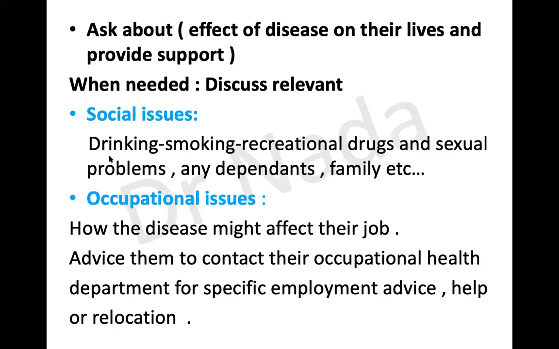It's not about taking a social history, rather asking about social aspects and giving advice in order to control them. If they are having problems with drinking, then help, smoking as well. Recreational drugs are important in a patient who was diagnosed with epilepsy, okay?